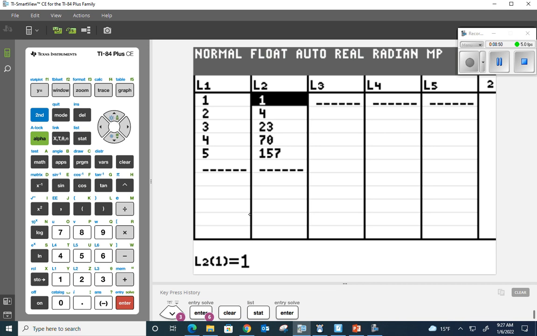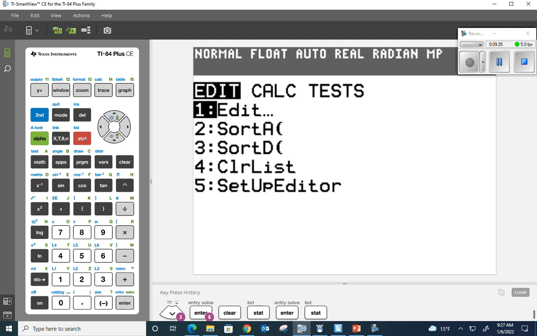Stat, put the numbers in. And then once the numbers are in, stat and calc.